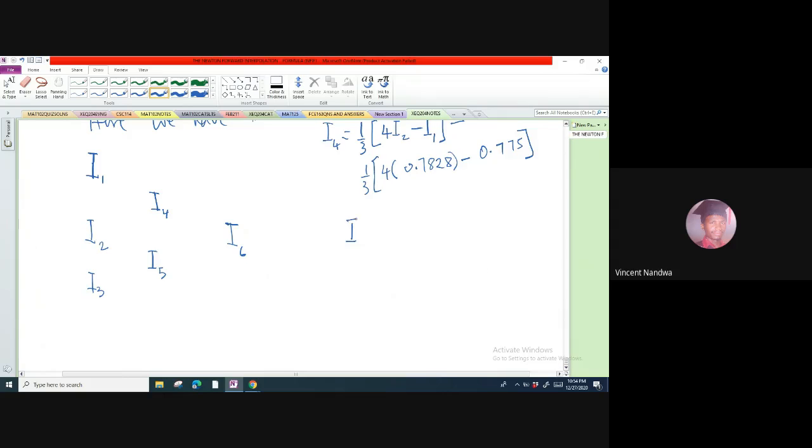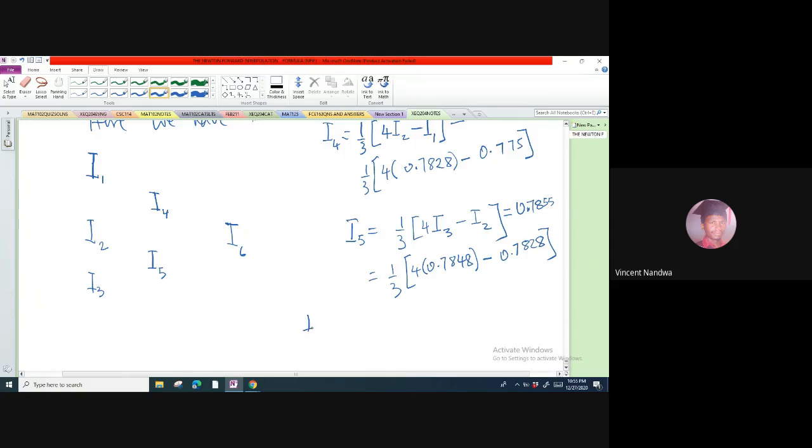And then I5 will be given by a third into 4 I3 minus I2, which is a third into 4 times I3, which is 0.7848, minus I2, which is 0.7828. When you work this out, you should get your I5 to be 0.7855.